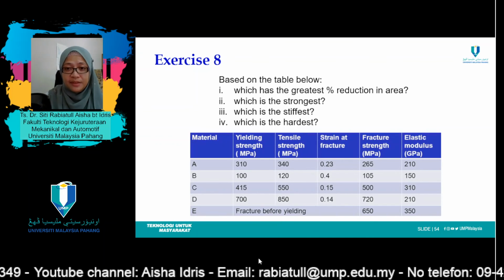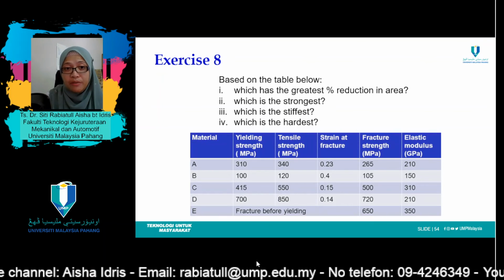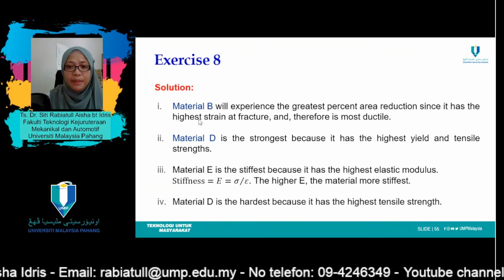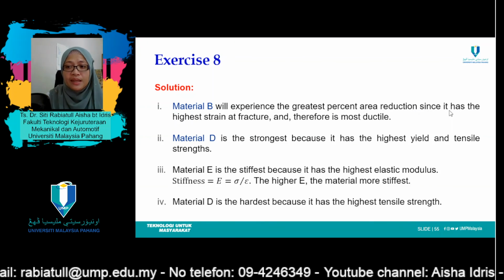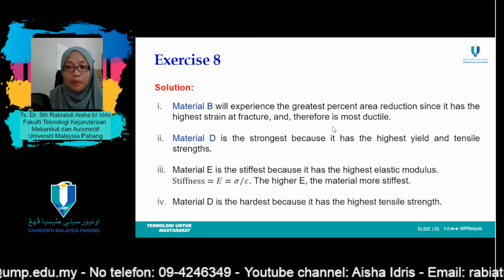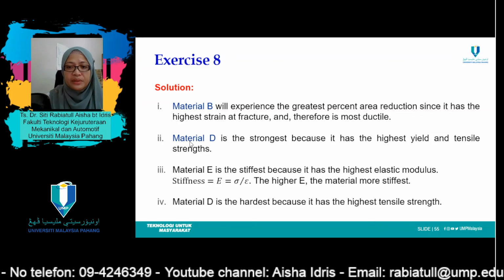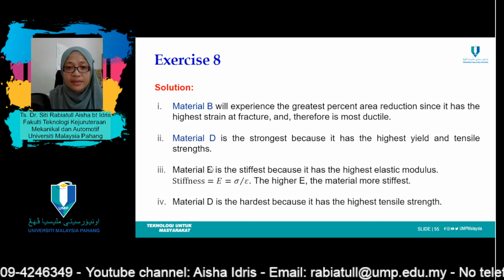All right, now let's see whether your answers are correct or wrong. Number 1, material B will experience the greatest percentage area reduction since it has the highest strain at fracture and therefore is most ductile. Number 2, material D is the strongest because it has the highest yield and tensile strength.